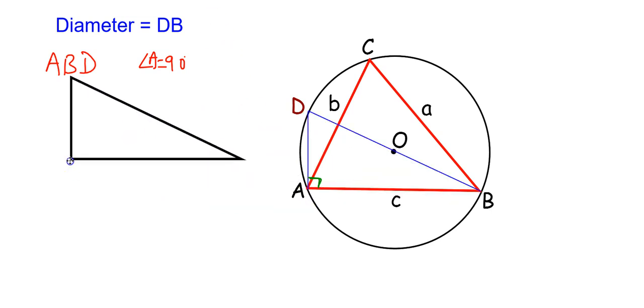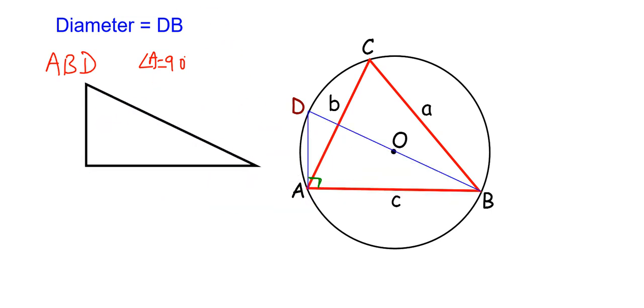Let me bring it here. So I have, this is A, that is D, and this is B. You know that BD is the diameter. So radius plus radius, that is twice the radius. The length of this BD is 2r, 2 times the radius, and 90 degrees I'll put here.